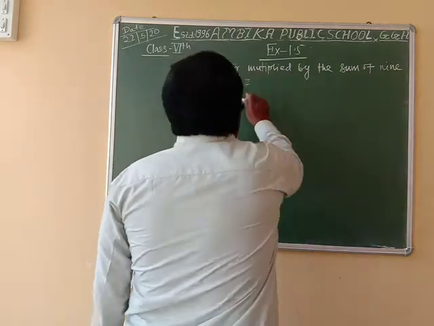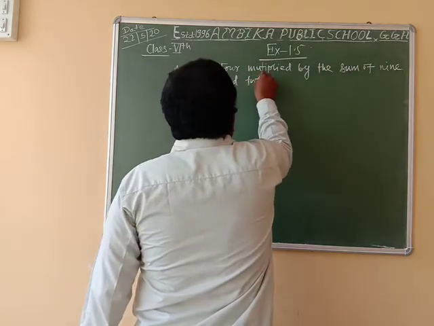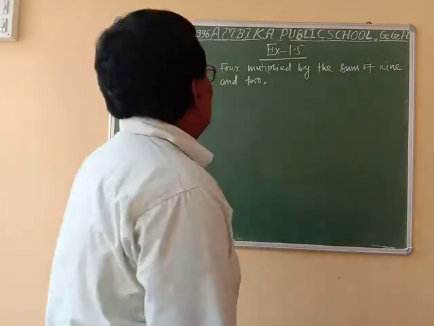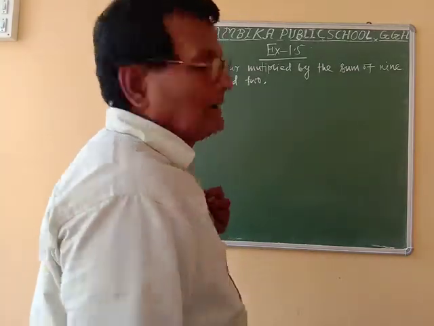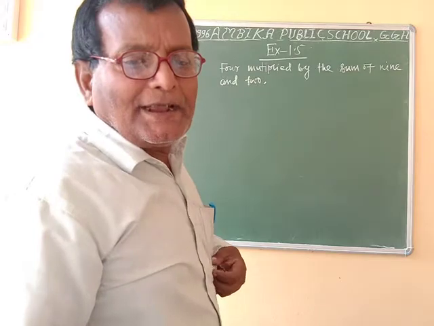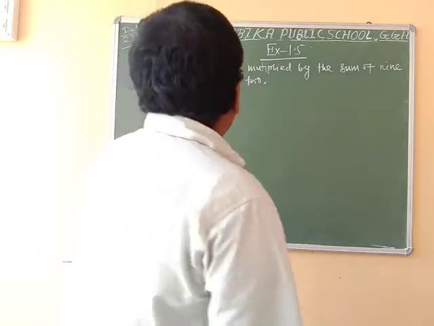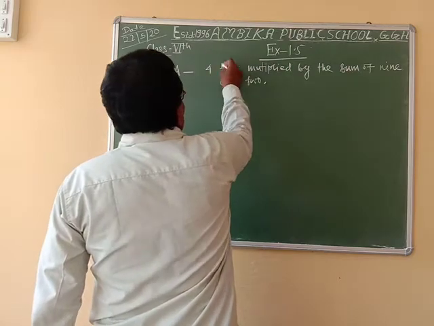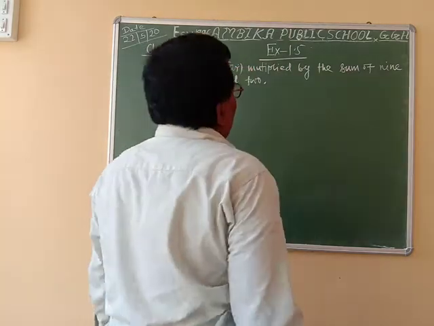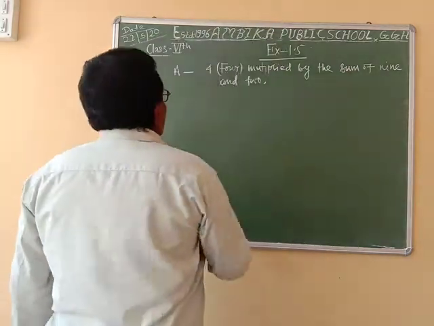This is your question. The statement is 4 multiplied by the sum of 9 and 2.